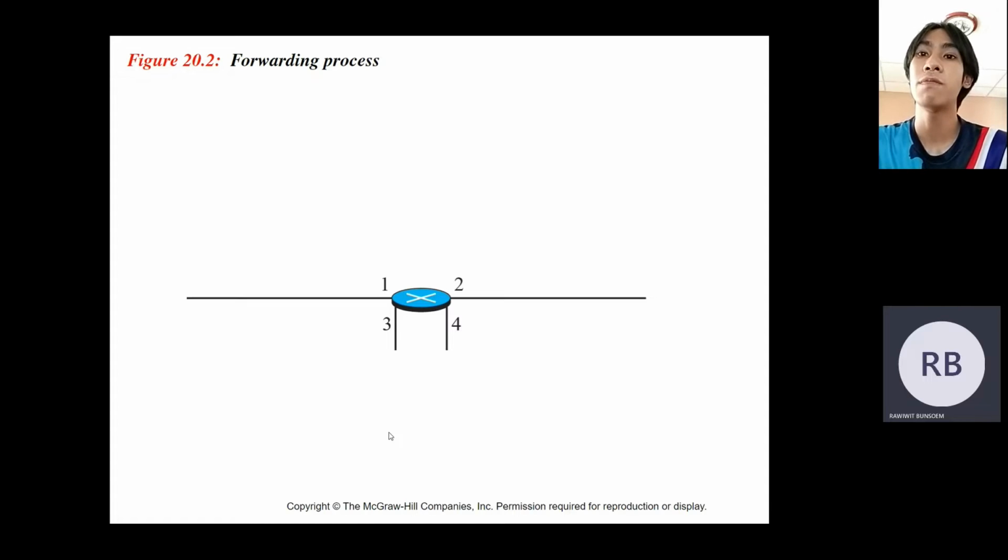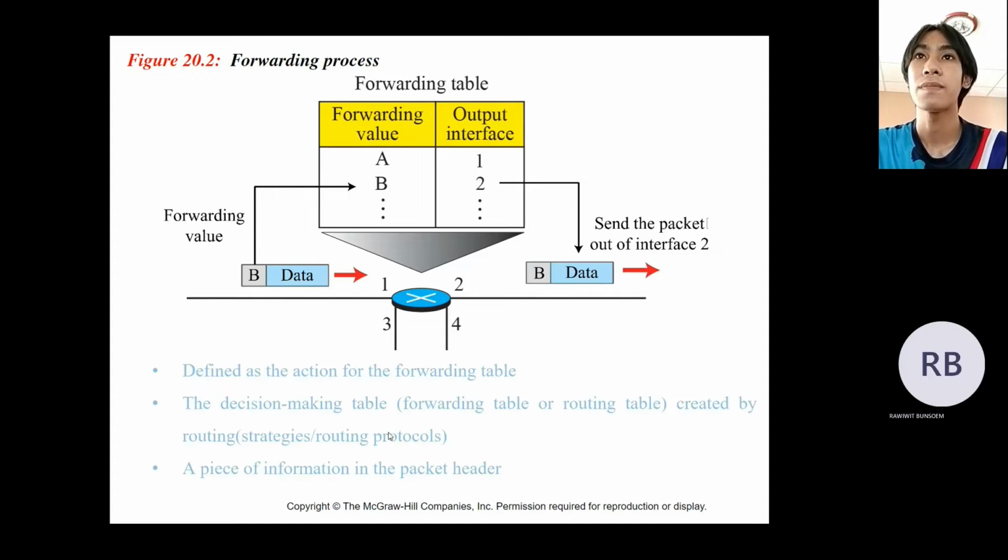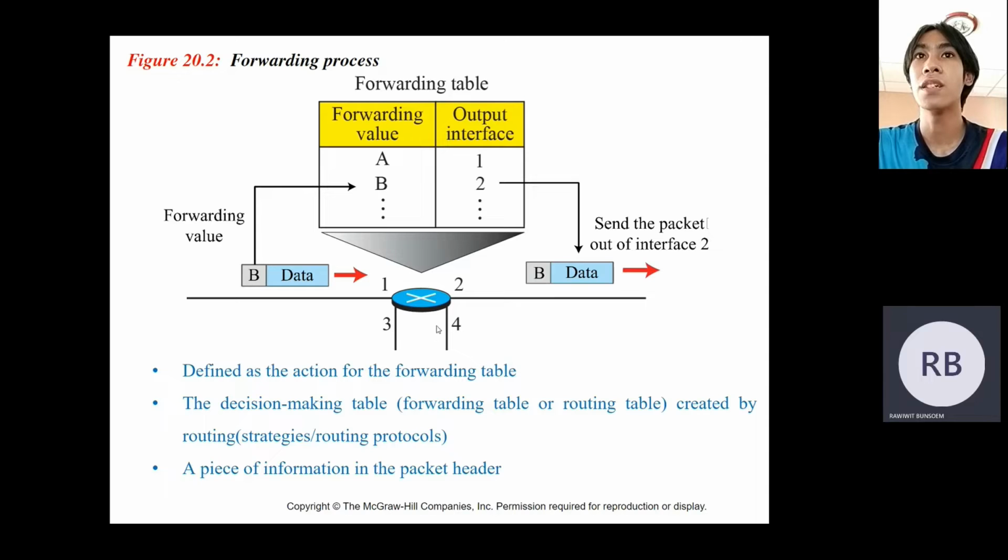The next, the forwarding process. The router forwards using a value. The forwarding table has entries A and B. That is data from the router, where the output interface is 2. It sends a packet out of interface 2, defined as the action for the forwarding table.